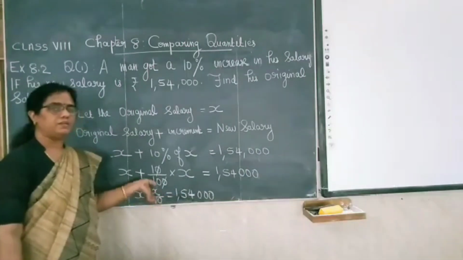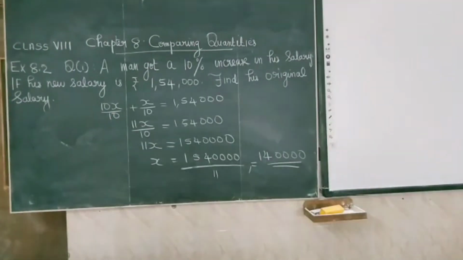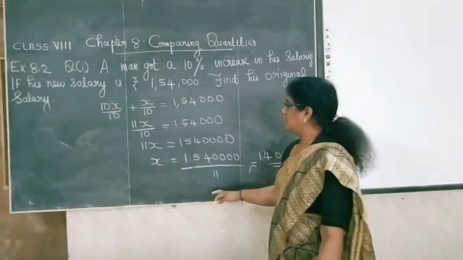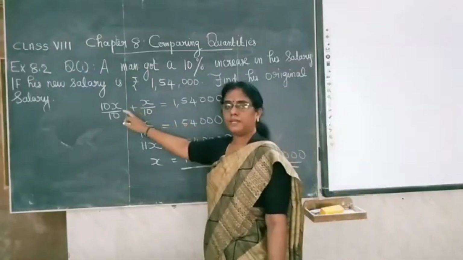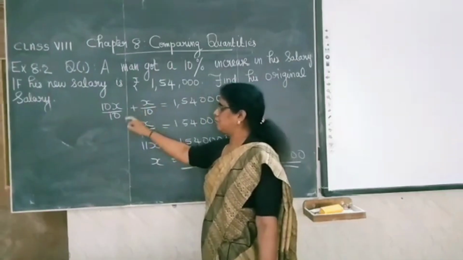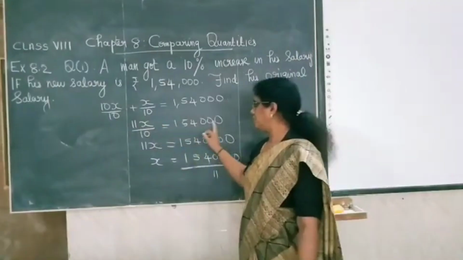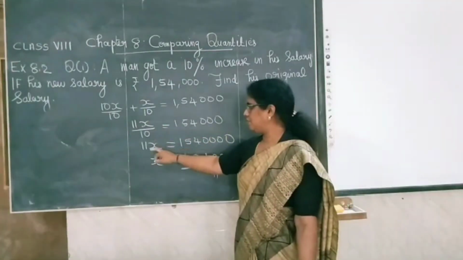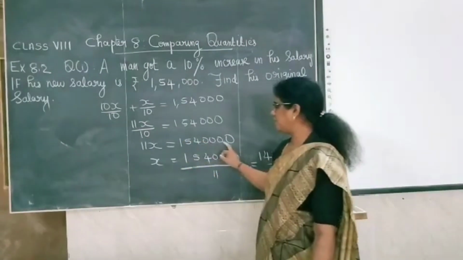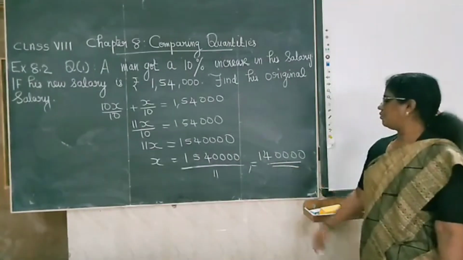From that we have to find the value of X. When we simplify, we will get X equal to 1,40,000.